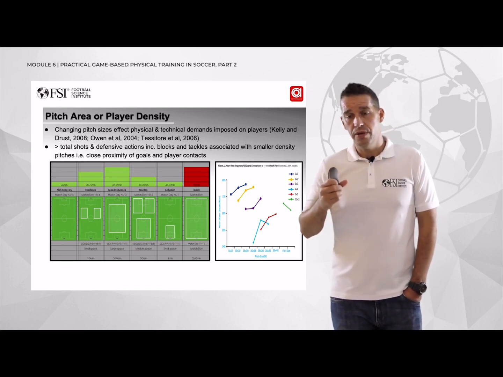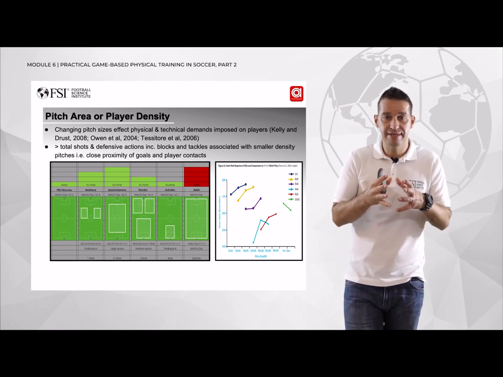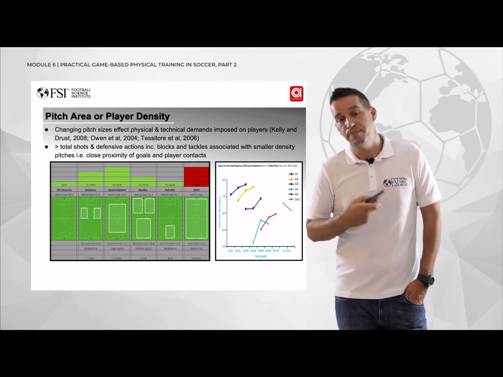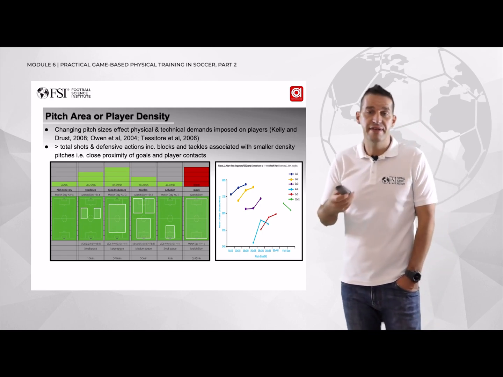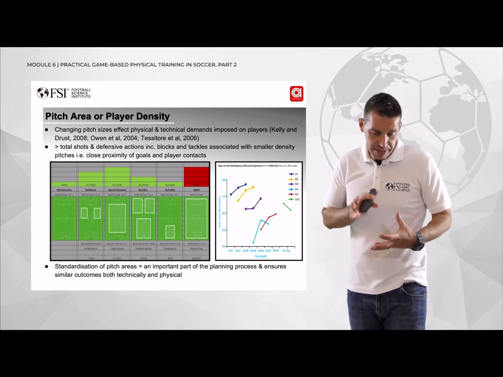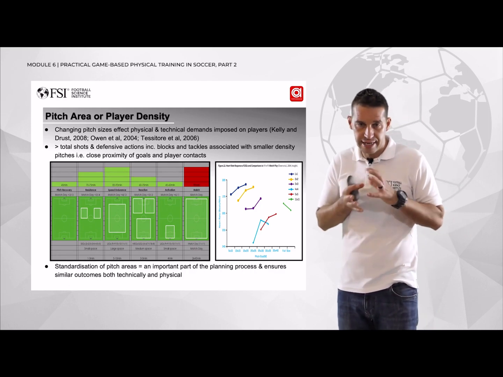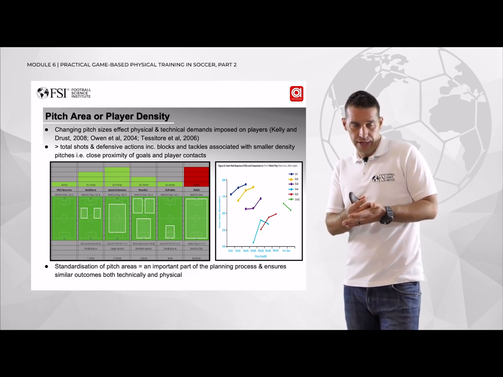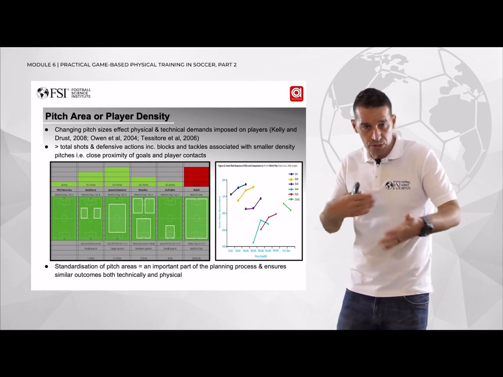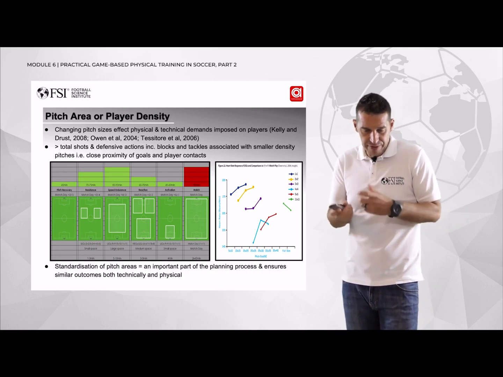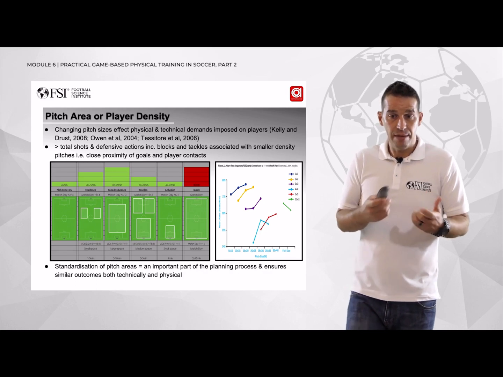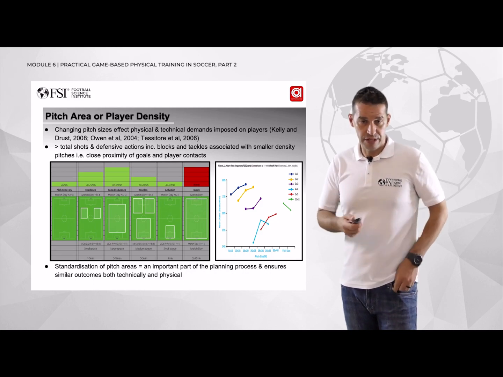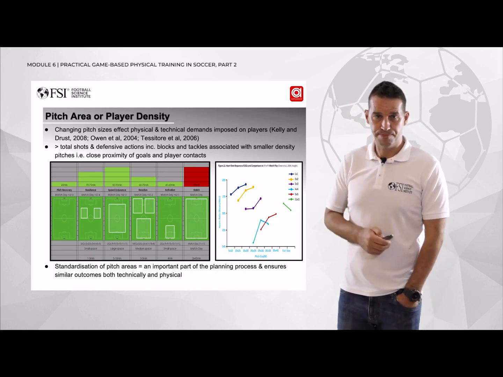By influencing smaller densities, by influencing the number of players on the pitch, we can see big changes in attacking and defensive actions. Close proximity, like we spoke about in the intensive smaller-sided games, the close proximity of the opposition, the more blocks, the more tackles, the smaller proximity to goals, the more shooting options. So again, we can start to influence particular positional demands based on changing the area size.